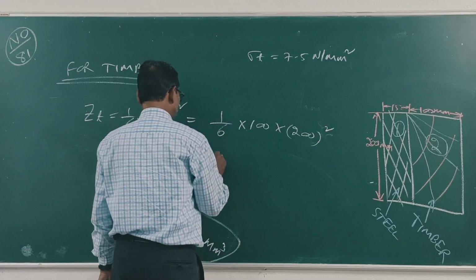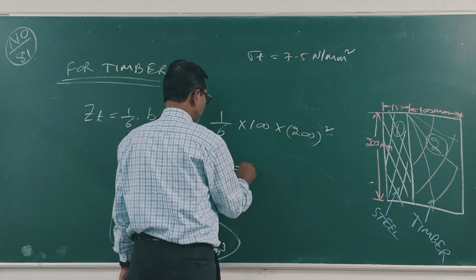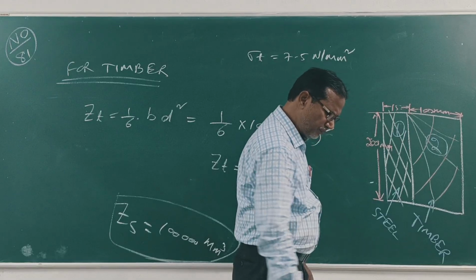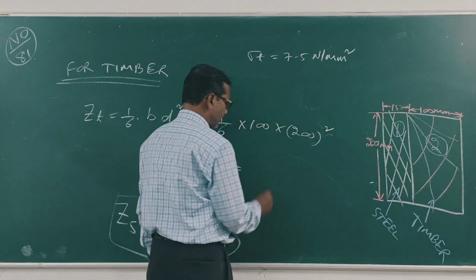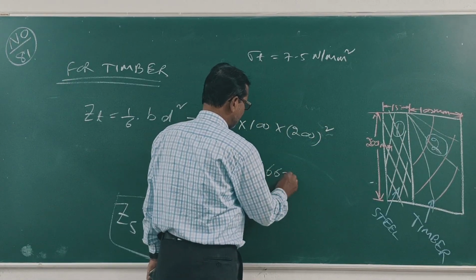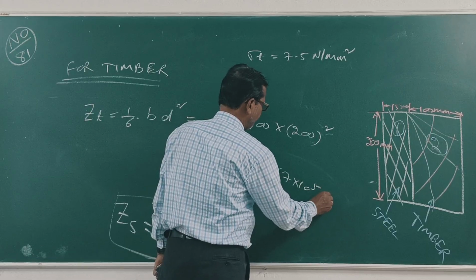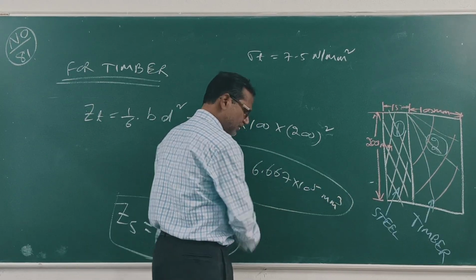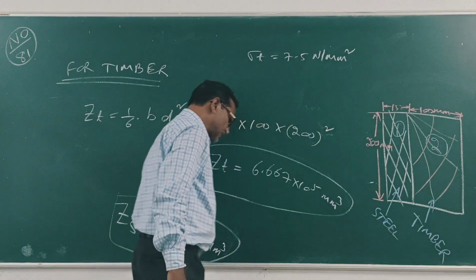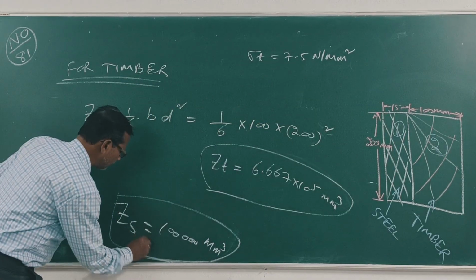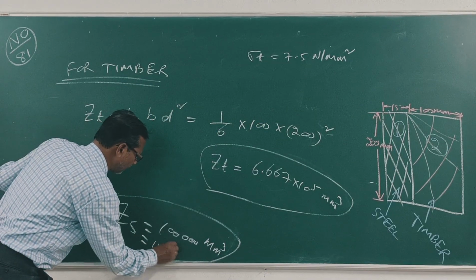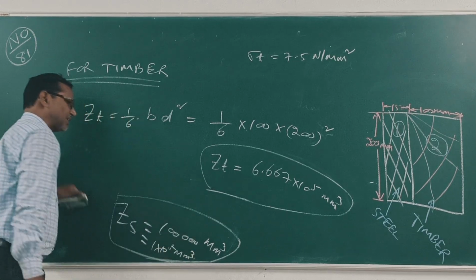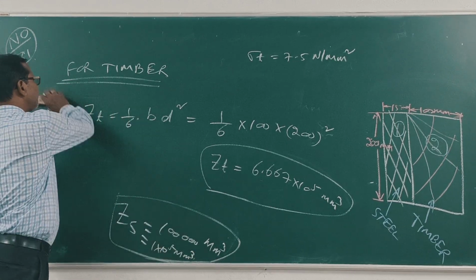This is ZT is equal to 6.67 into 10 to the 5 mm cube. ZT is about 6.67 times 10 to the 5, and ZS is 10 to the 5 mm cube. Clear? ZT, ZS.